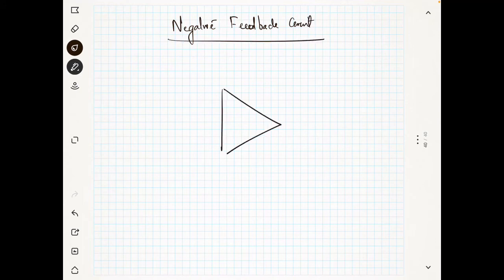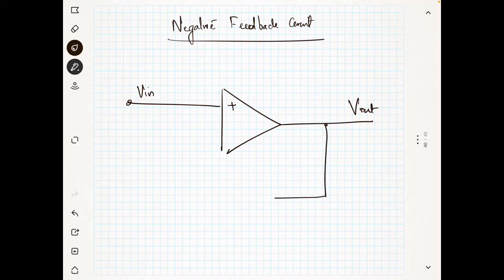So you have an op amp, you will be giving V in here and you will be getting V out here, but part of the output will be fed back, and how much you have to feed back is determined by some circuit here. So we will call this the negative feedback circuit.